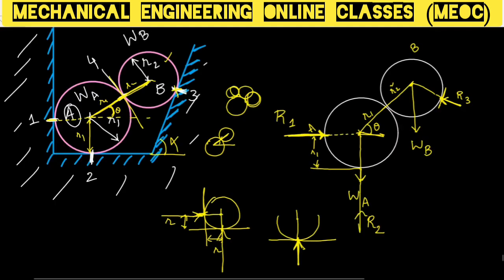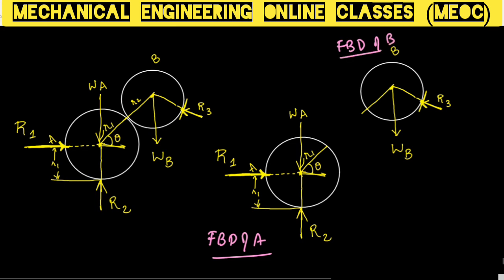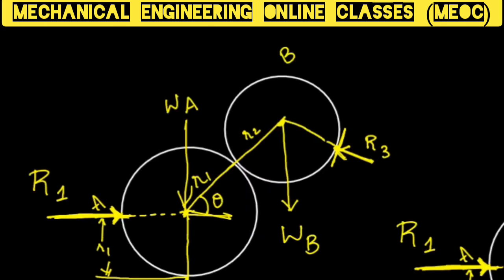If we want, we can draw the FBD of each cylinder separately. The only change that comes here is, this is for the FBD of cylinder A and this is for the FBD of cylinder B. The difference is that when drawing the FBD of A, it was in touch with B at, say, this particular point 4.